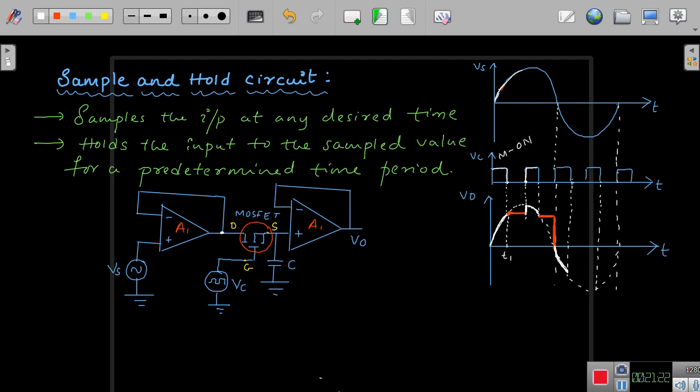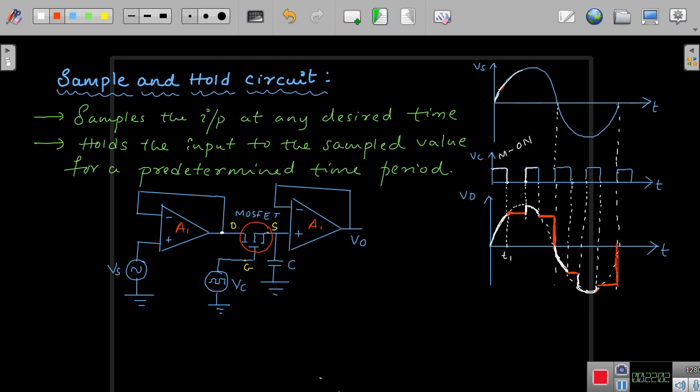Then from this instant you will hold it, and again you will come up to this point. Then you will hold it for some more time here like this, and it will keep going like this.